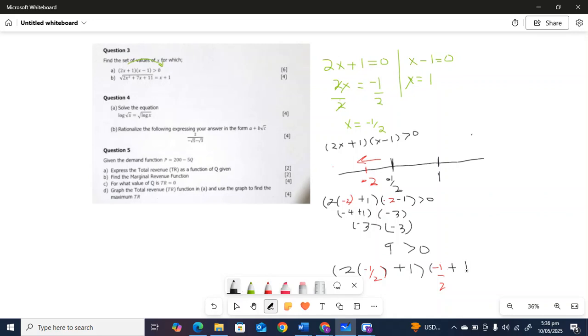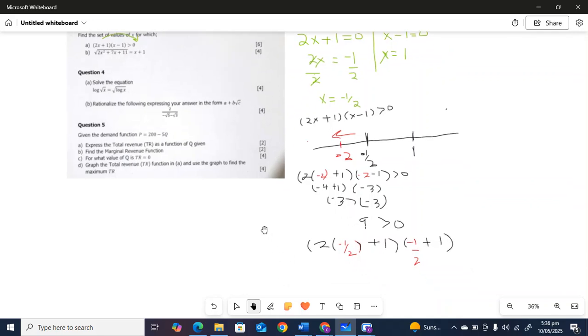Here I'm just trying to see if negative half is also part of the values of x which hold the inequality true. If it's not part, then we'll say any value of x that is less than negative half makes the inequality true. But if negative half is also part of it, then we'll include it in the values.